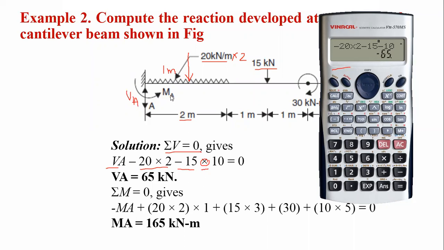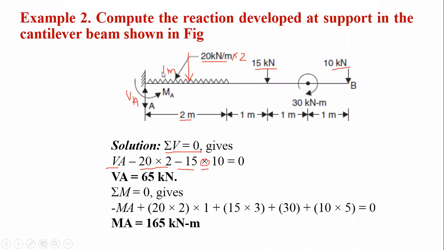Now similarly, we have to find out the moment at A. That's why we are taking the moment of all the forces about point A. Due to this UDL, which is converted into a point load, it has the intensity of 20 into 2, and the perpendicular distance is 1 meter from support A. This 15 kilonewton load is multiplied by the perpendicular distance of 2 plus 1, which becomes 3, so 15 into 3, and it makes a clockwise moment about point A. This is also making a clockwise moment about point A, that's why it is positive.